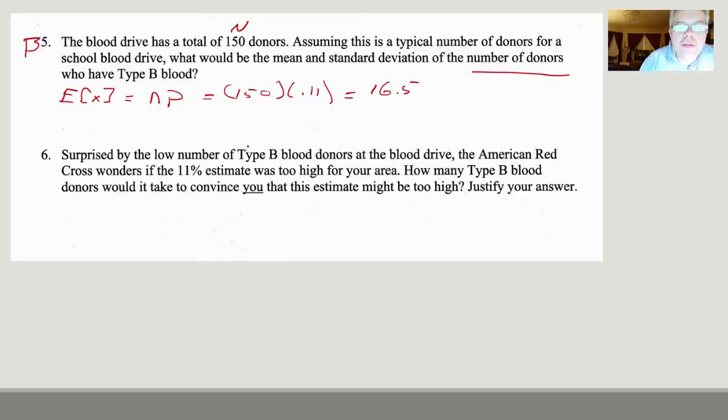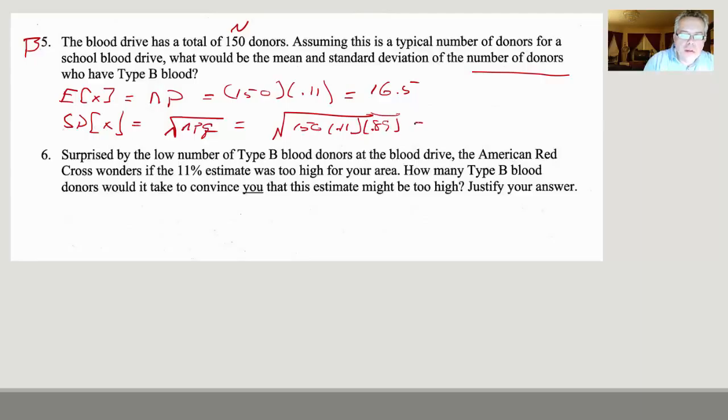So if 150 students, on average, we expect to get 16.5 with type B. All right, the standard deviation, just using the formula, is the square root of npq, which is the square root of 150 times 0.11 times 0.89, which I got to be 3.83.